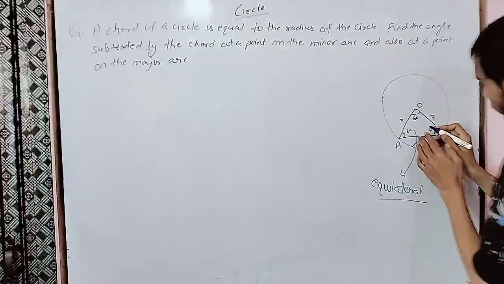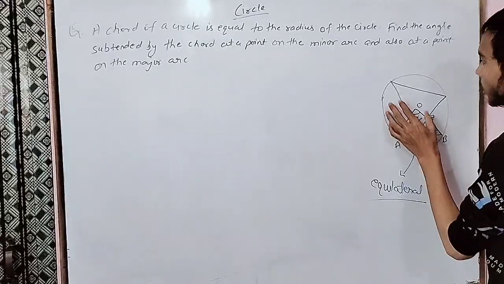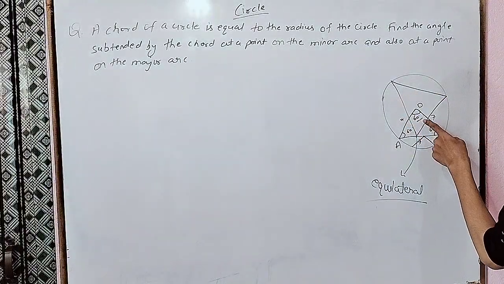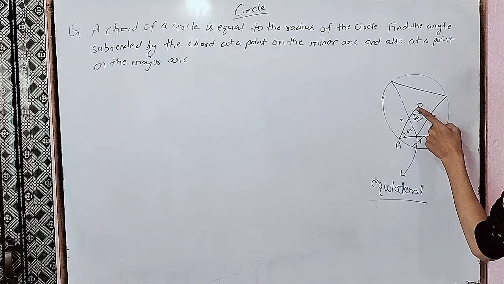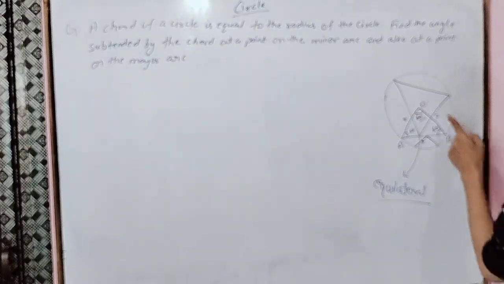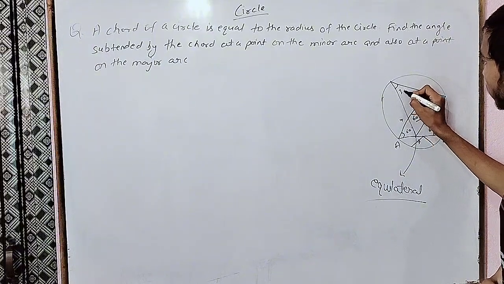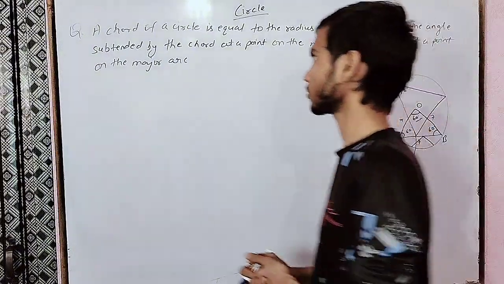So we have found this is 60. Now the angle subtended in the minor arc is 60 at a point. Now here we know that in the major arc it will be how much? 30.